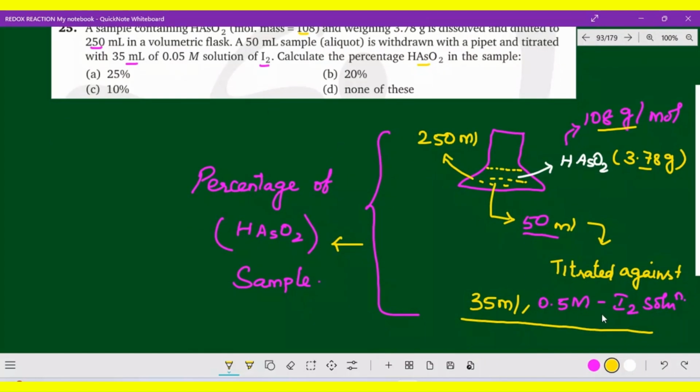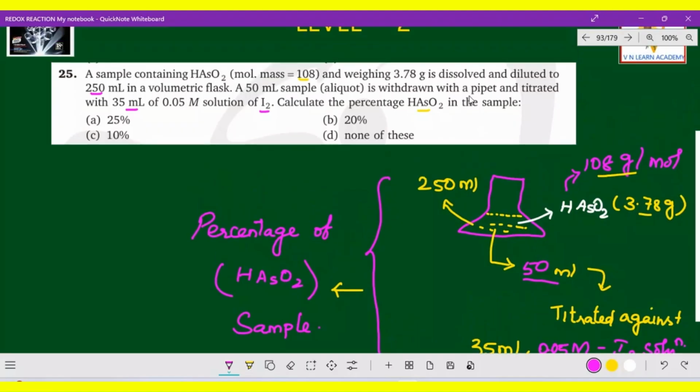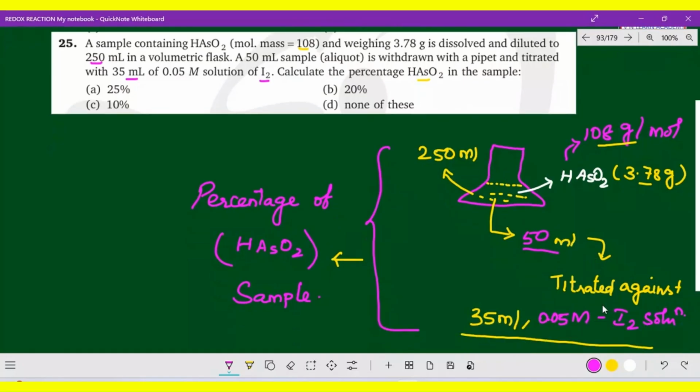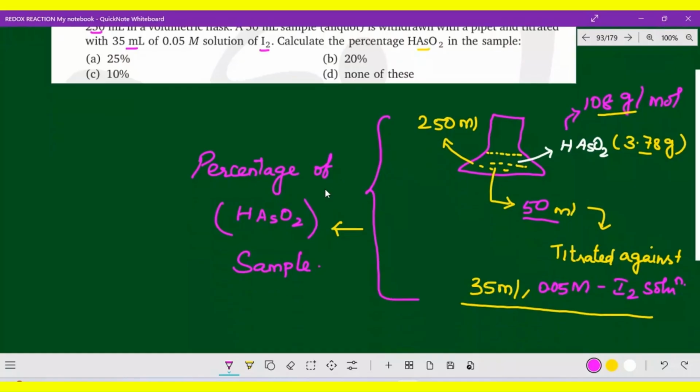So what is the molarity of iodine? 0.05 M iodine solution. They have taken the sample 3.78 gram dissolved in 250 mL of the volumetric flask. In that, 50 mL they have taken and titrated against this. Now we have to identify the percentage of that arsenous acid.